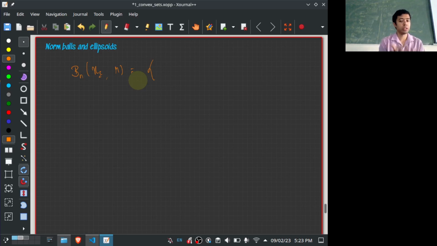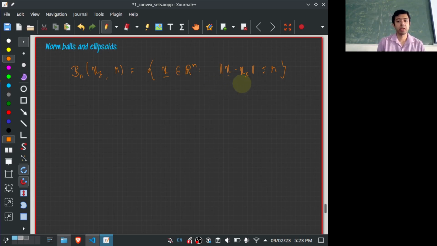How do you mathematically define a ball of radius r with center at xc? It's the set of all points x in R^n such that the norm of x minus xc is less than or equal to r. So this is the closed ball of radius r with center xc.